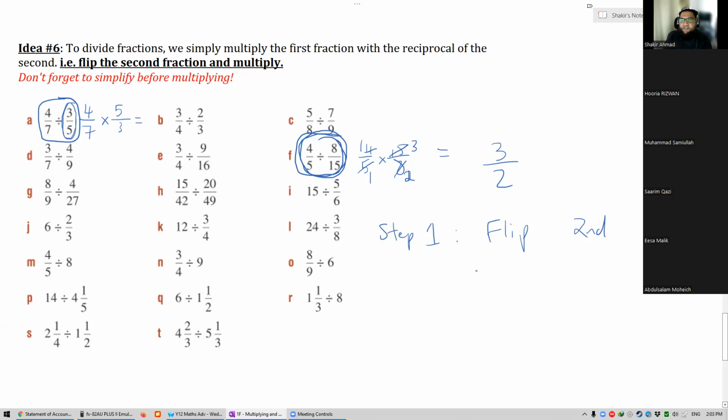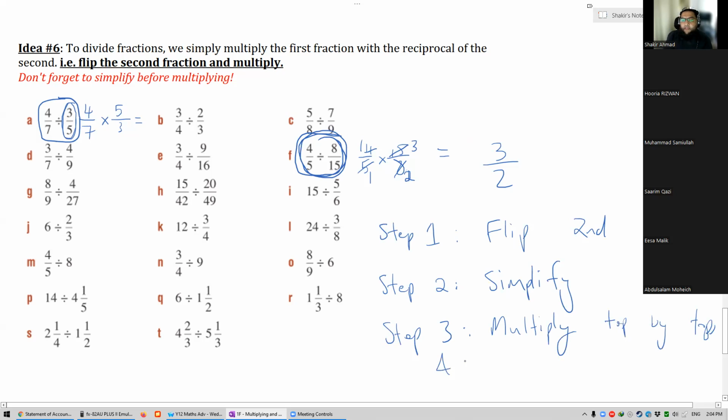Step 2 is simplify. Step 3 is to multiply top by top and bottom by bottom. And that's how you do it.